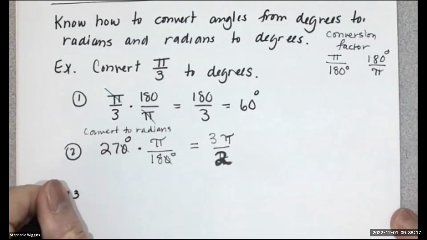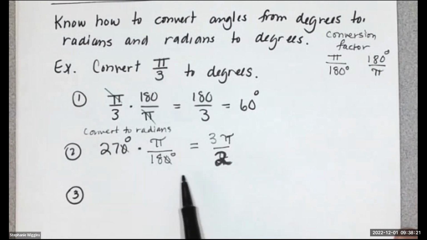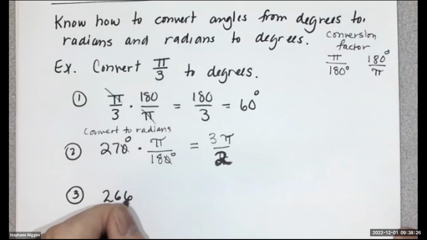Now, you may run into a situation where you can't simplify the factors. So how would you do that? So let's say you have something like 266 degrees that you want to convert.